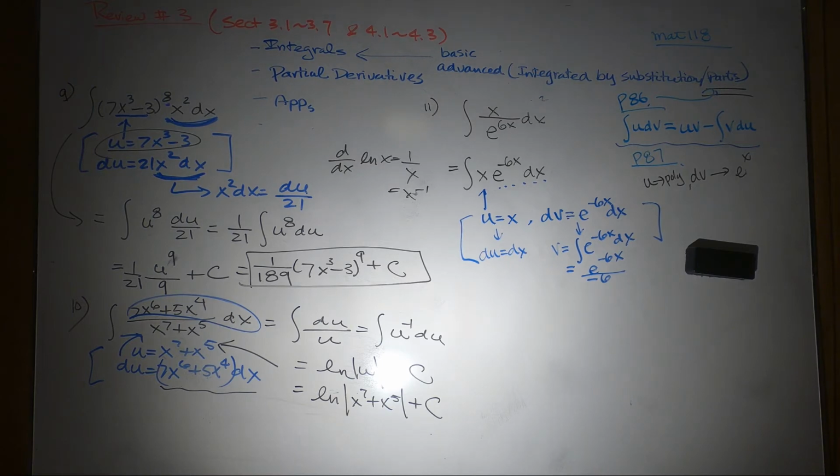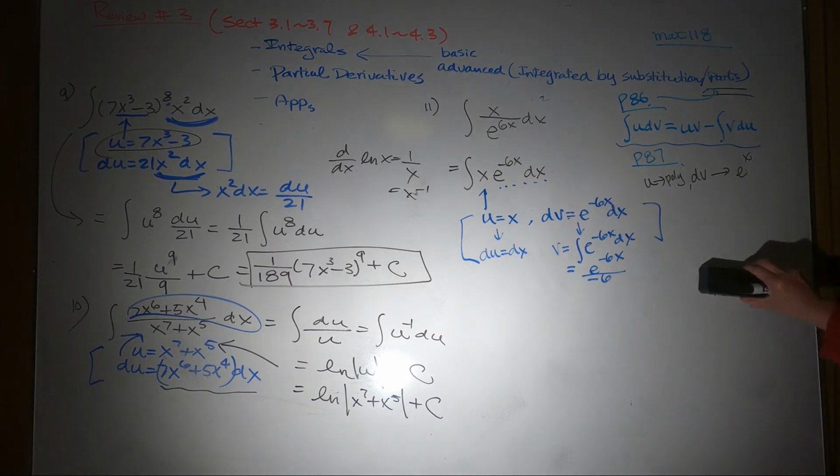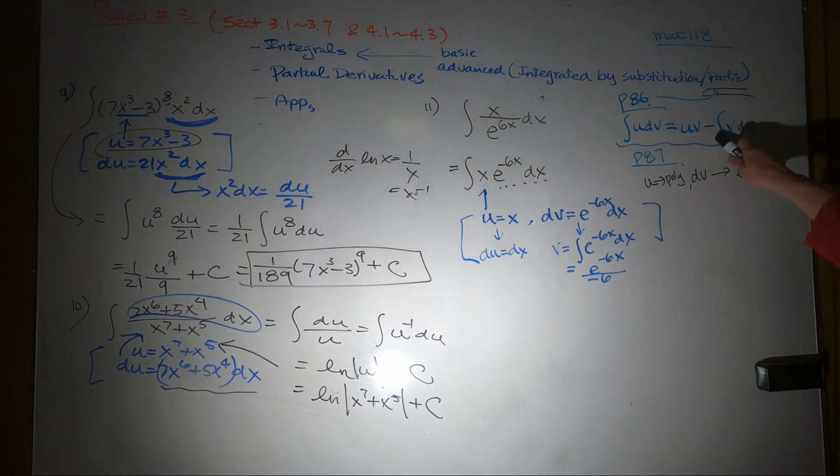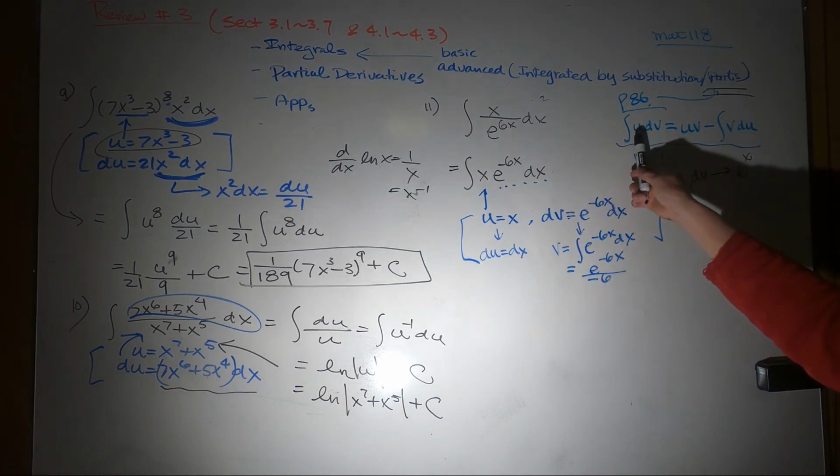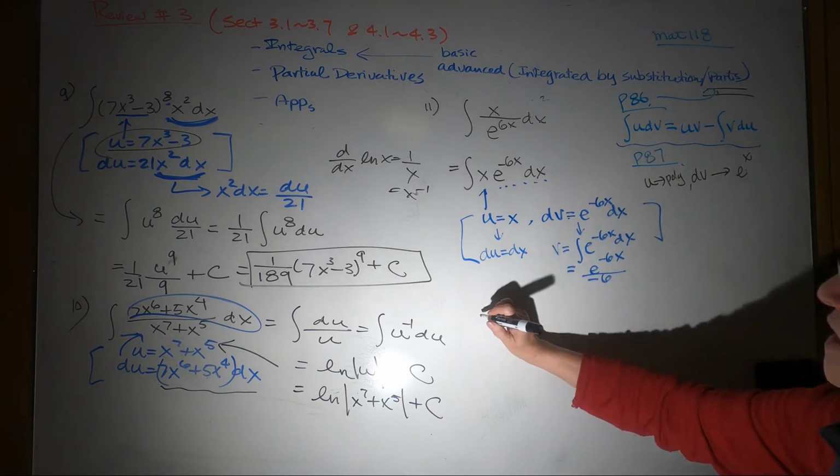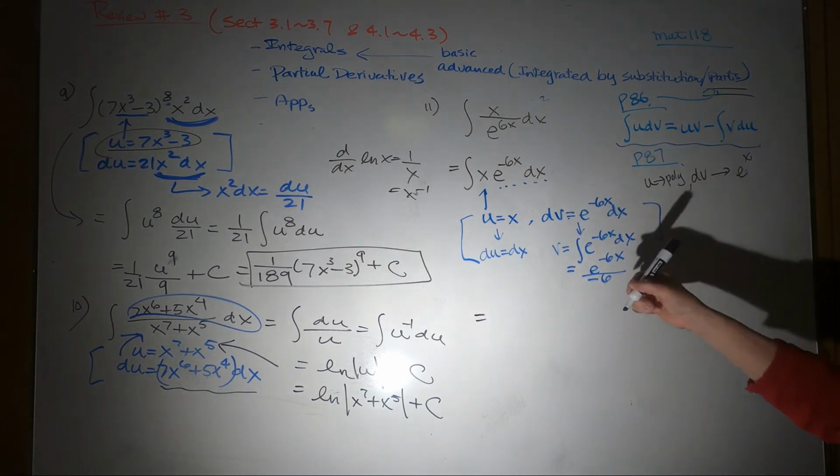Okay. Then we will use the formula, right? Replace the integral of u dv with uv minus the integral of v du.